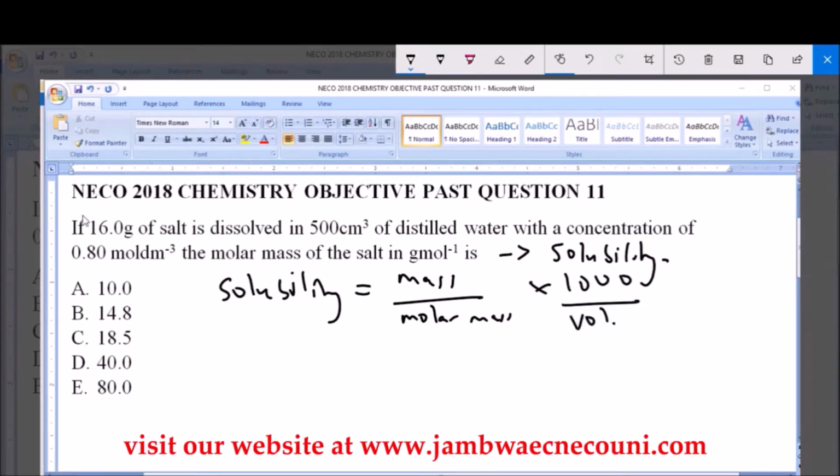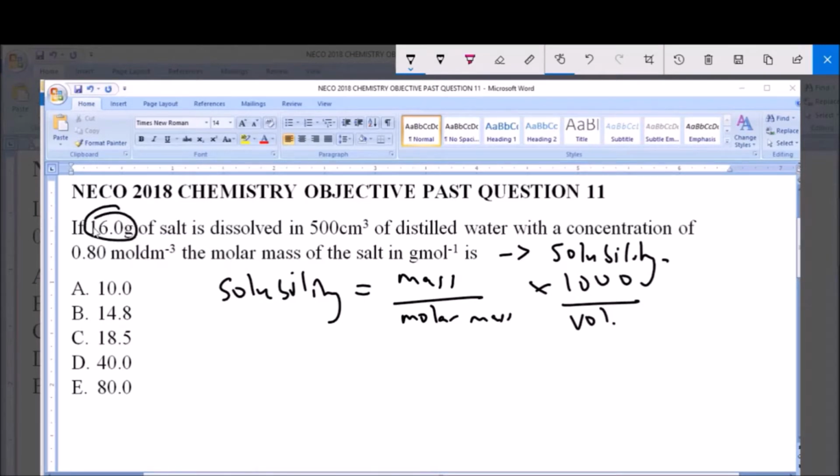Here we are given the mass of the salt, we are given the volume of solvent, the volume of distilled water, and we are given this concentration, which is the solubility. Solubility is measured in moles per dm³. Now we are asked to find the molar mass of this salt, this particular 16.0 grams of salt. So what we need to do is substitute and then make the molar mass the subject of the formula, and we get our answer.